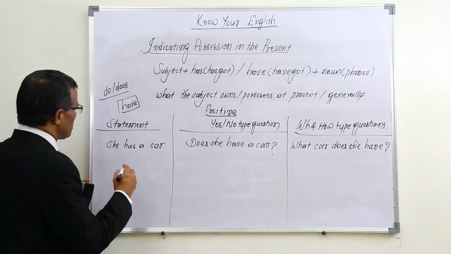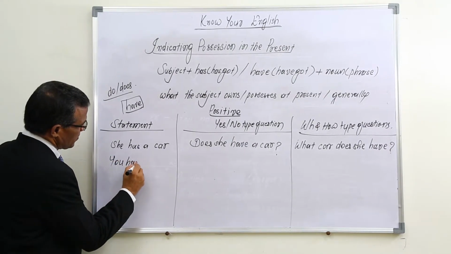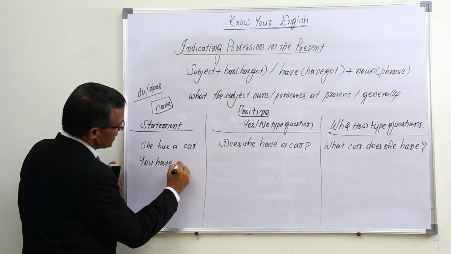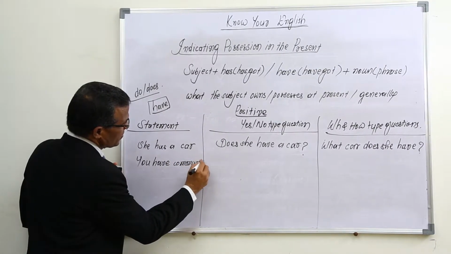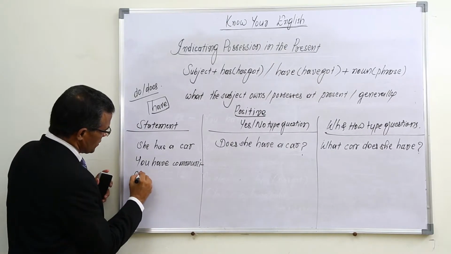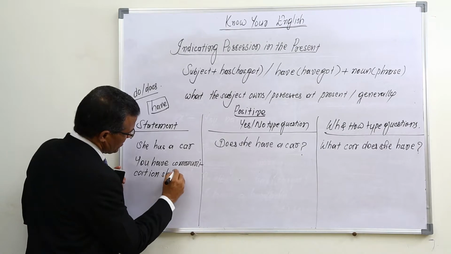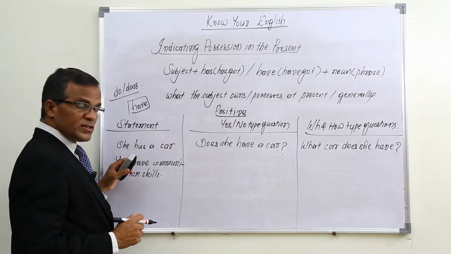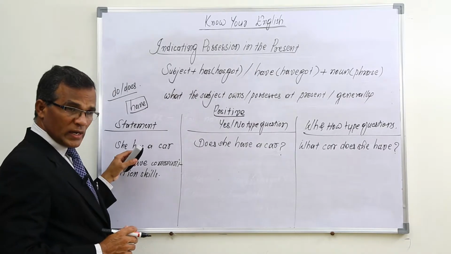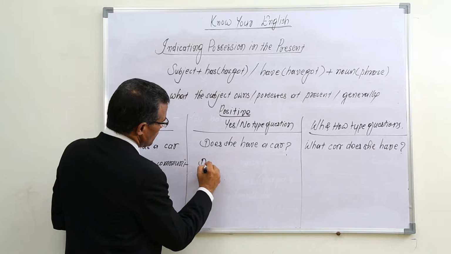One more example, if we take: you have communication skills. And the question for that: as the subject here is you, which means plural sense, we have to take do.